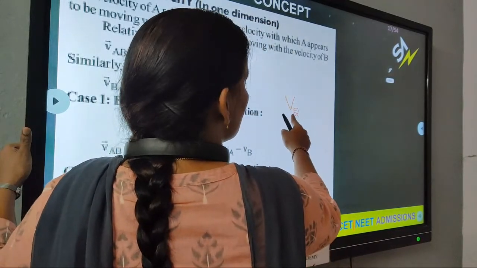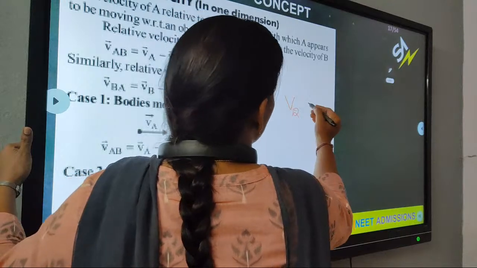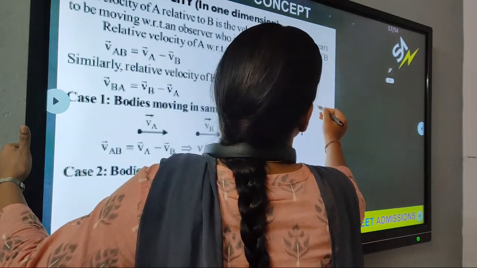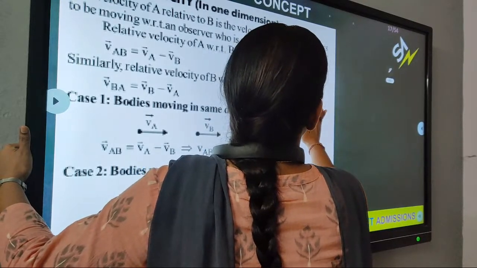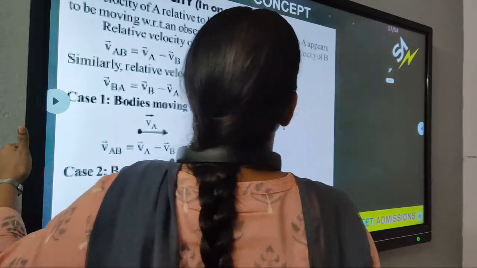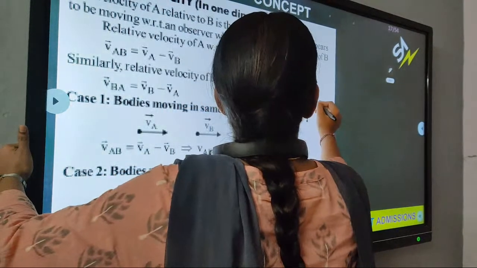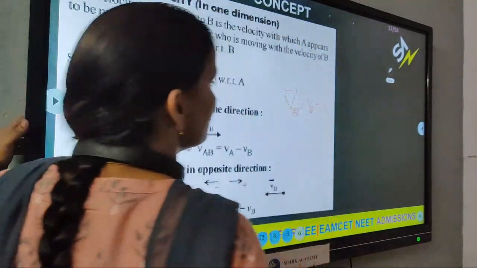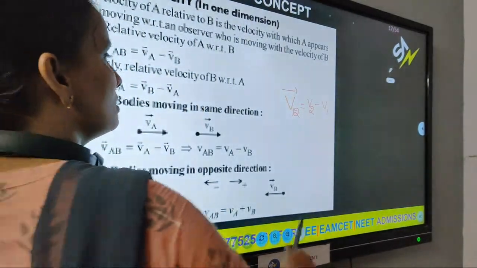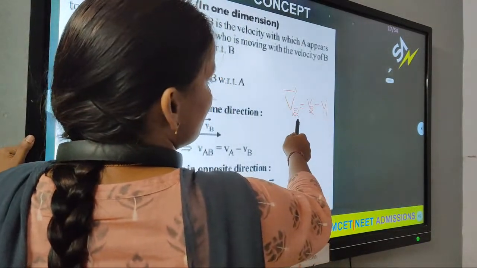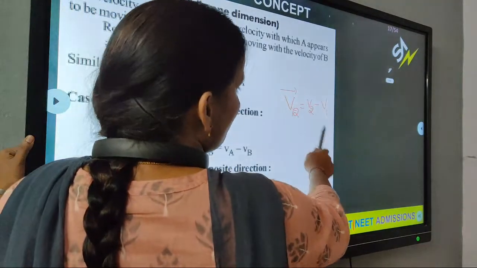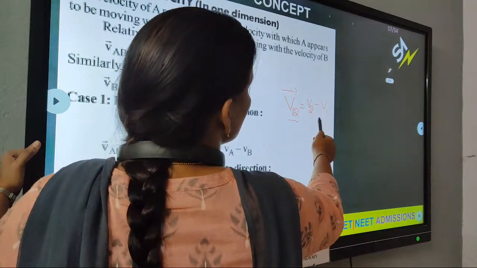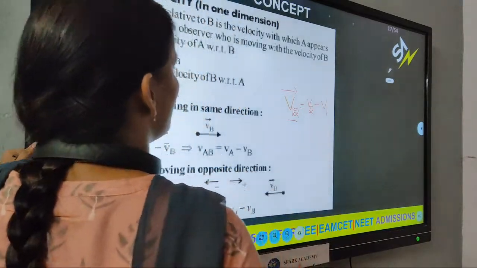Velocity of the first object with respect to second object is equal to velocity of one, as these are vectors, we can write it as velocity of the object 2 minus, difference in their velocities we need to take. So relative velocity is nothing but velocity of one object with respect to the other. Here we are taking two objects 1 and 2. Their difference gives the relative velocity.